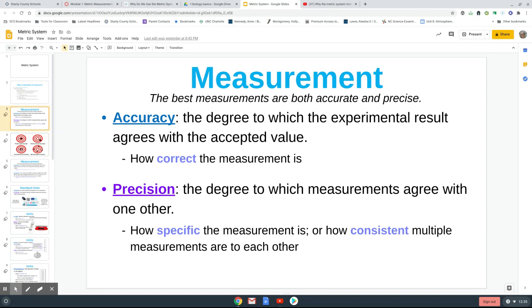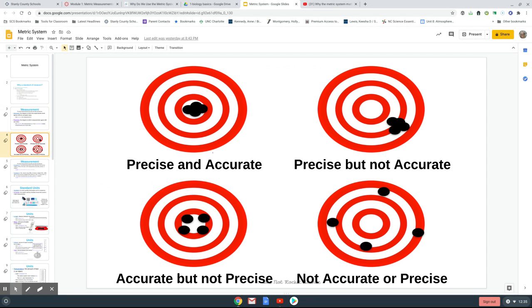So this little chart kind of helps you see the difference. If it's precise and accurate, you hit the bullseye every time in the exact same spot, even though these aren't, they're off just a little bit so you can tell there's multiple dots there. If you are precise but not accurate, you're hitting the same spot, but it's not the bullseye.